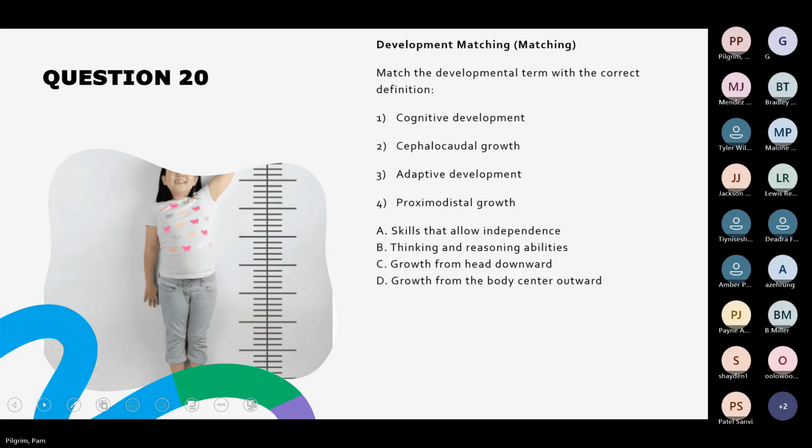The answers: 1 is B, cognitive development is thinking and reasoning abilities. 2, cephalocaudal growth is C, growth from head downward. 3, adaptive development is A, skills that allow independence. And 4 is proximal distal growth, which is D, growth from the body center outward. There are a couple that are set up like that.